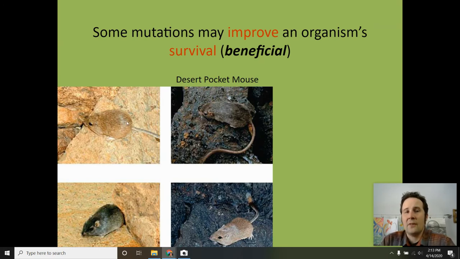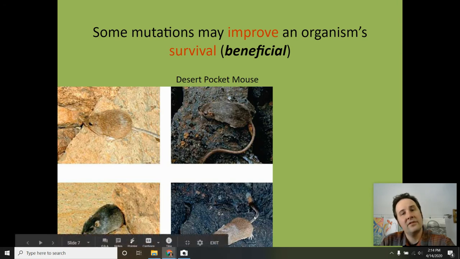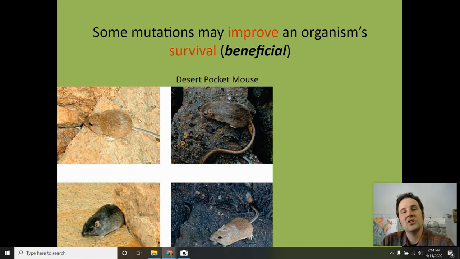But if you think about this, if we have a rock pocket mouse that is this color and it shows up on these dark rocks, that is most definitely not a good mutation. But if in the population of light-colored mice some of them happen to be a little bit darker, that would give them an advantage to live on darker colored rocks or darker colored surfaces.